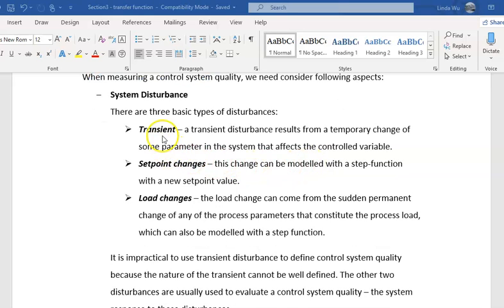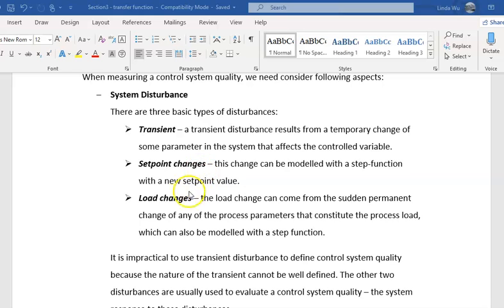There are different types of disturbance. As we talked about before, a transient is basically a random signal that gets into the system, and because it is a random signal, it's hard to model that signal and hard to describe the system response.